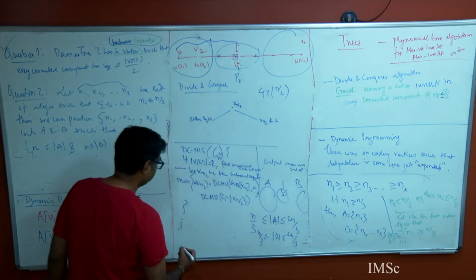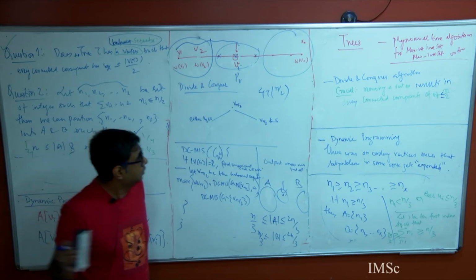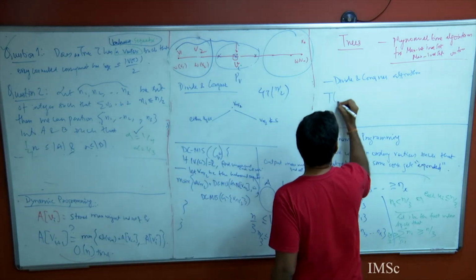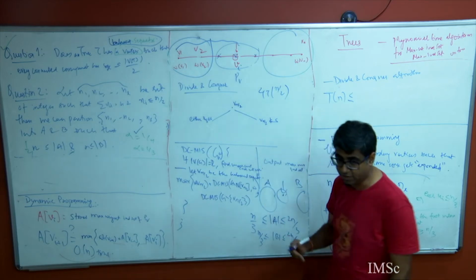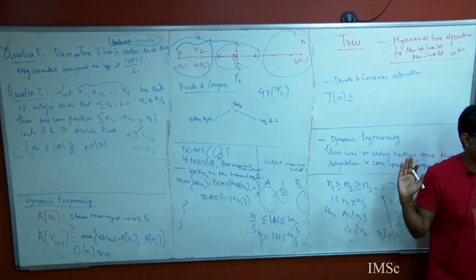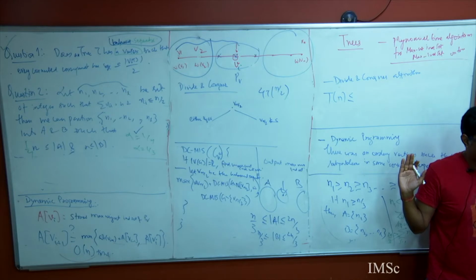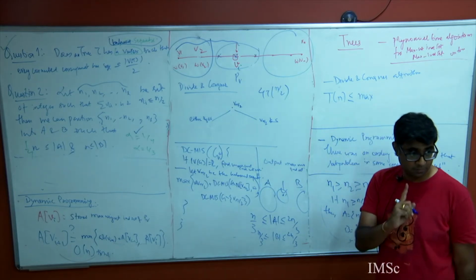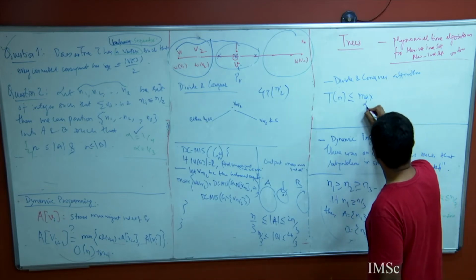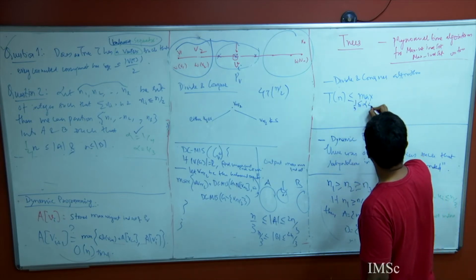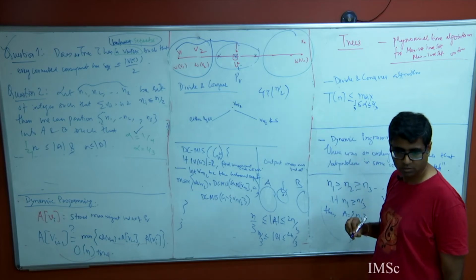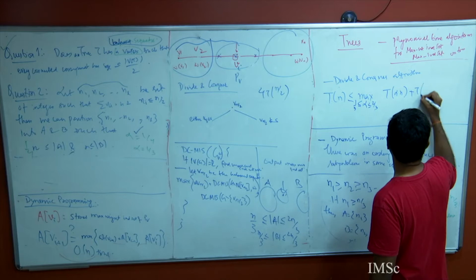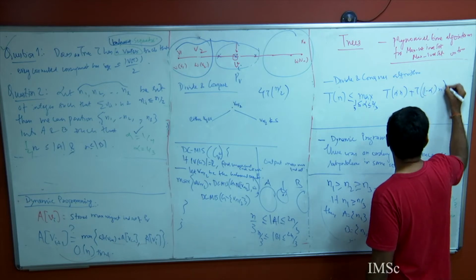So the running time of my algorithm will be T of n is less than or equal to, actually I don't know, I know it is at least n over 3, right? So basically it is the max, you have to be very careful, over alpha between 1/3 and 2/3 of T of alpha n plus T of 1 minus alpha n.